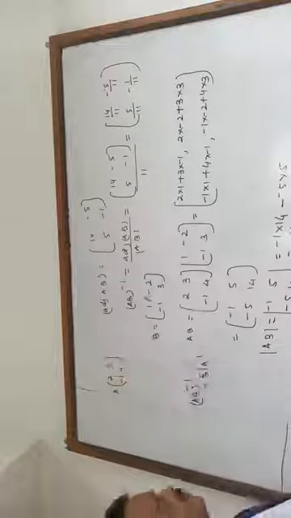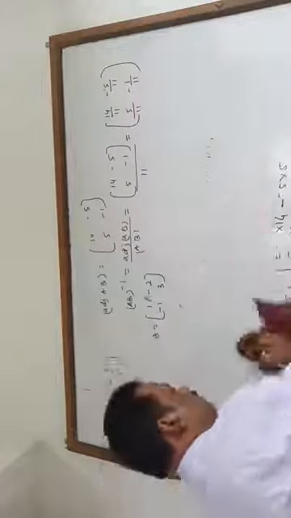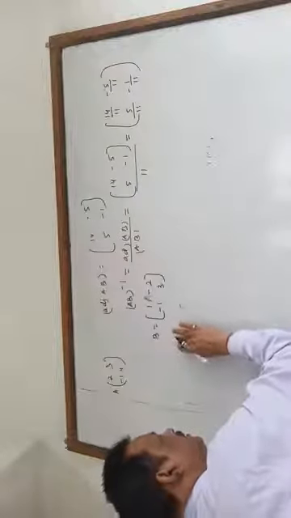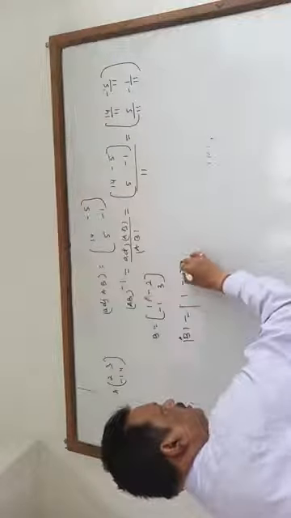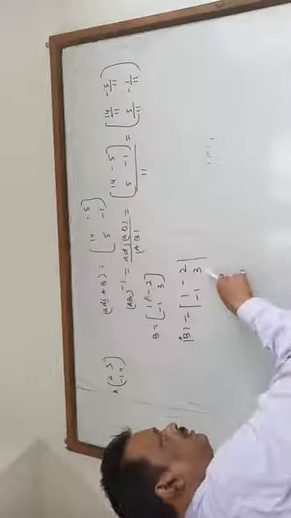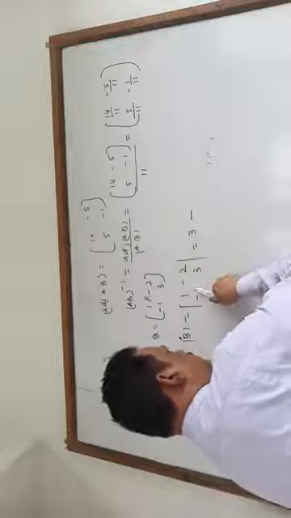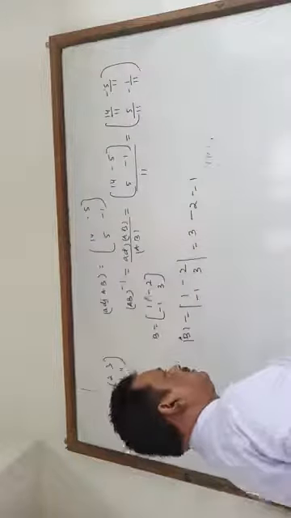Now for that you would find the determinant of B. Determinant of 1, minus 2, minus 1, 3. Multiply. This is 3 minus, minus minus plus 2, that is 1.